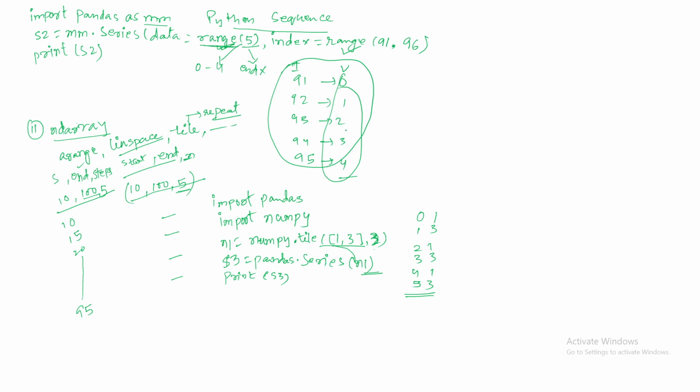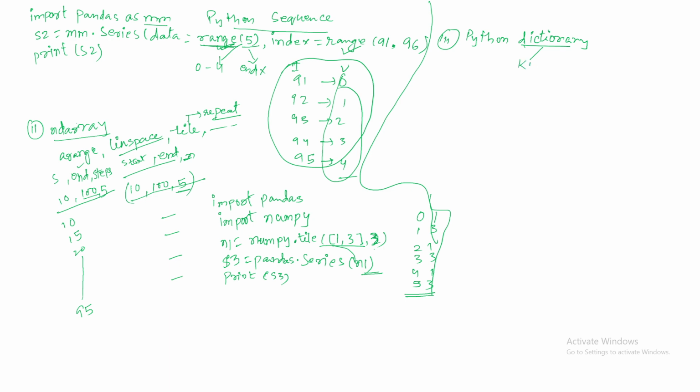Now we will see number 3. Number 3, what is that? Dictionary, Python dictionary. So in the Python dictionary, the data is displayed in pairs.